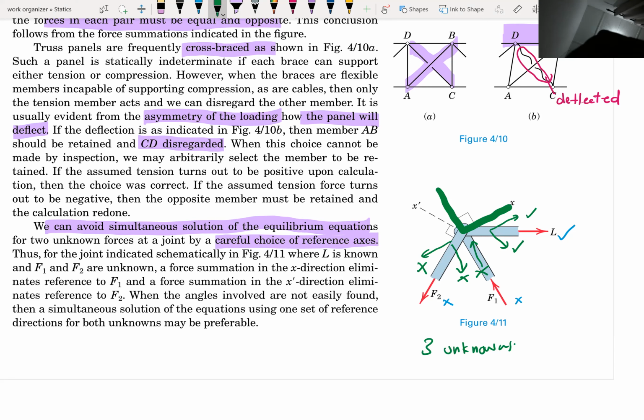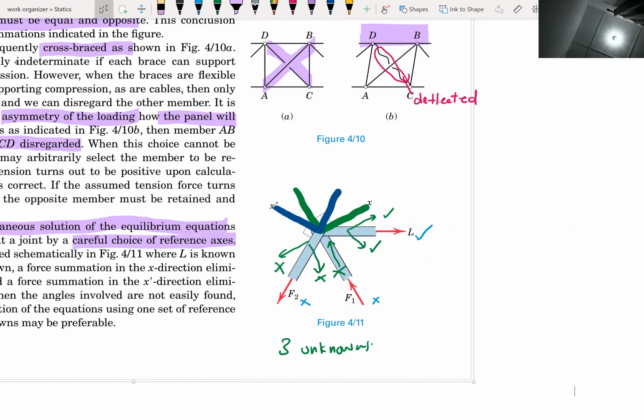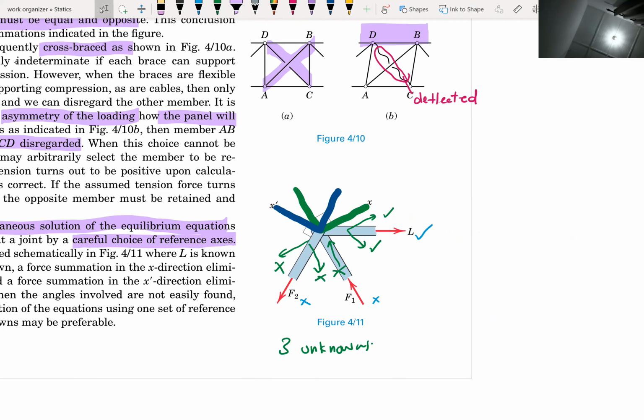You also can use another axis, which is in this direction. But we are not supposed to use the normal axis in this case.